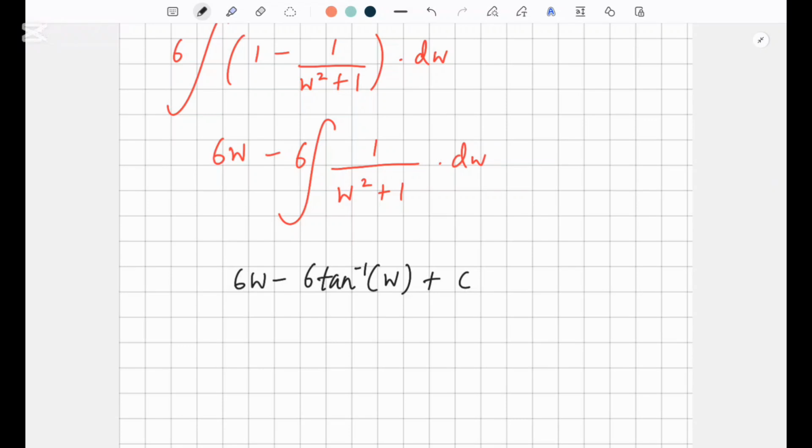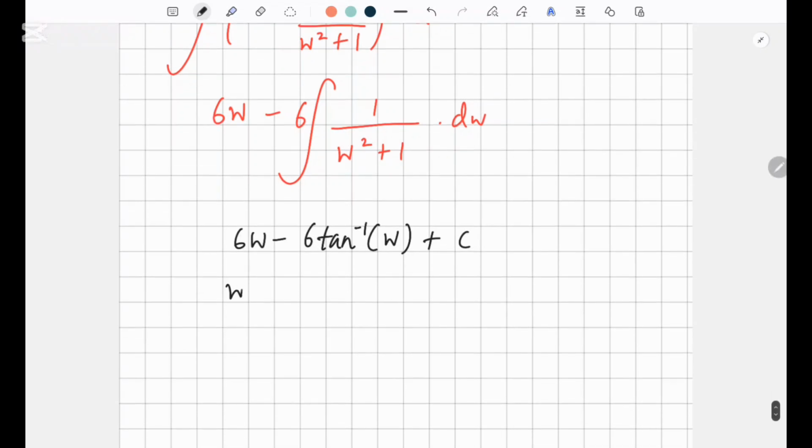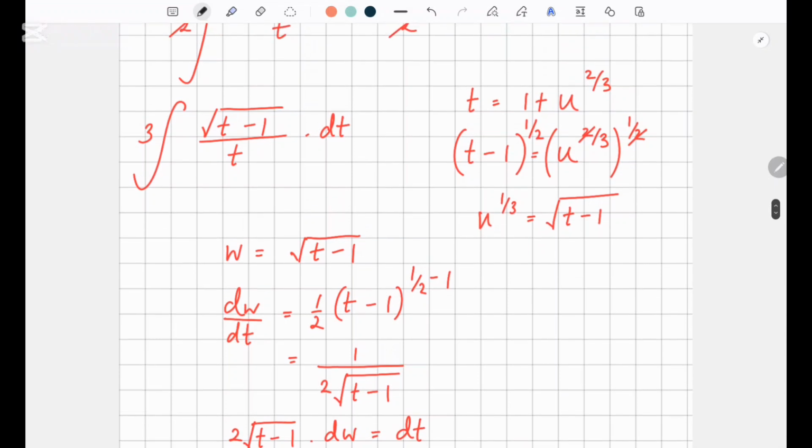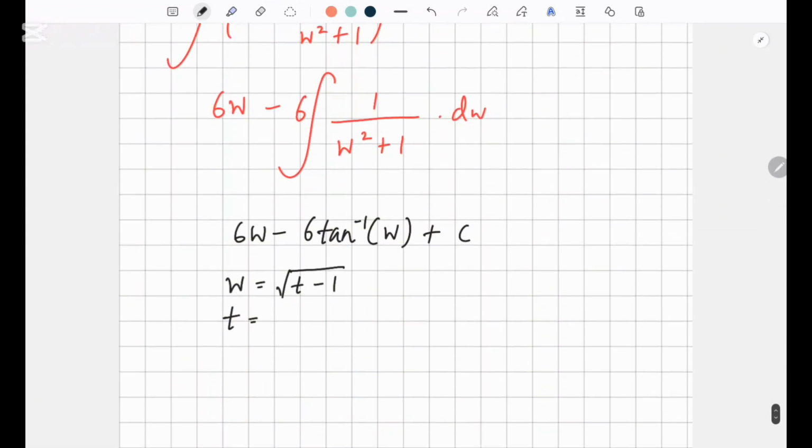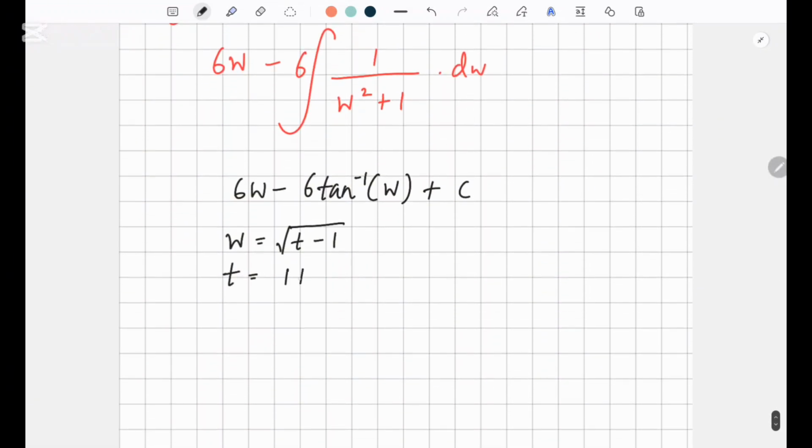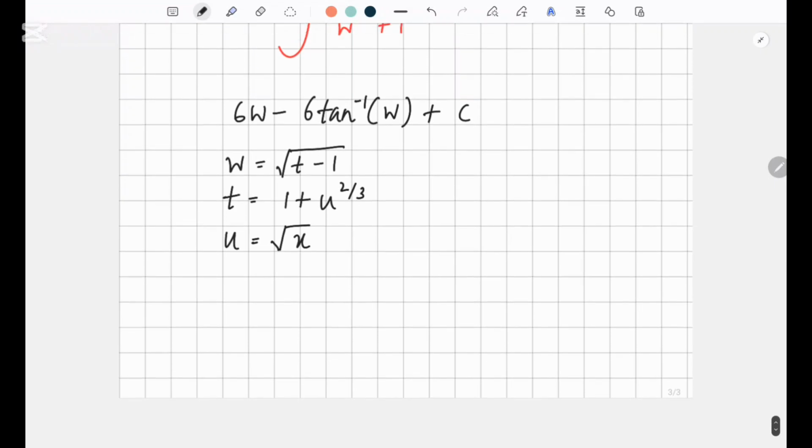Now let's put in the substitutions. So we had w equals root t minus 1, right? And we had t equals 1 plus u to the power 2 over 3, right? And we had u equals root x. 3 substitutions.